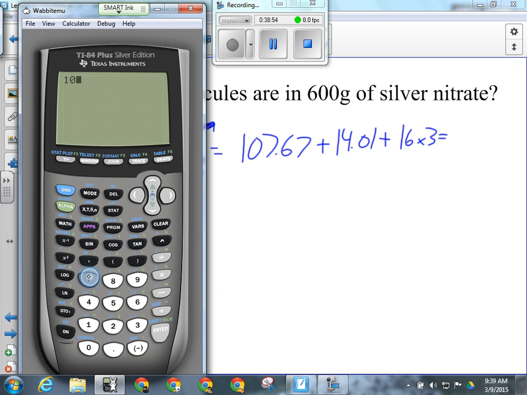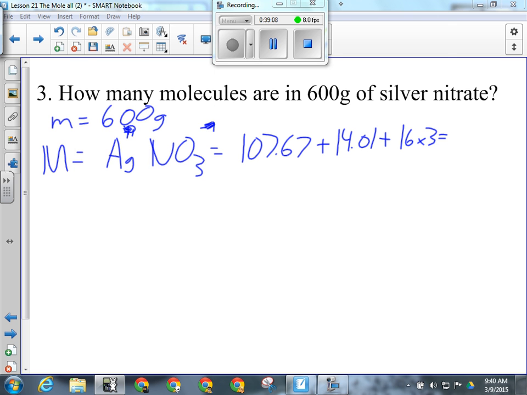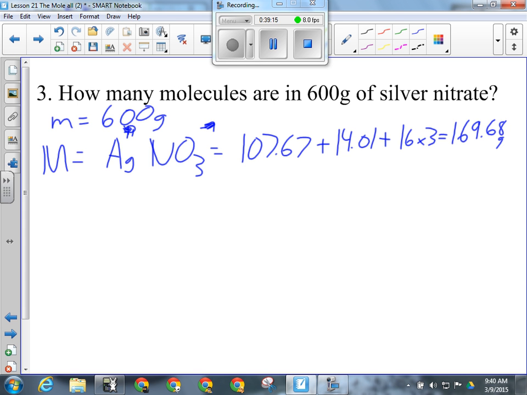So 107.67 plus 14.01 plus 48. That's 16 times 3. All right, 169.68. And that's going to be grams per mole.